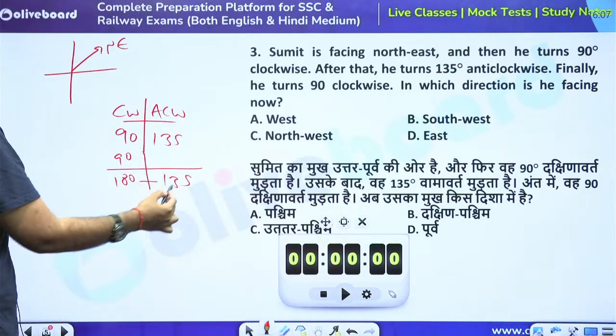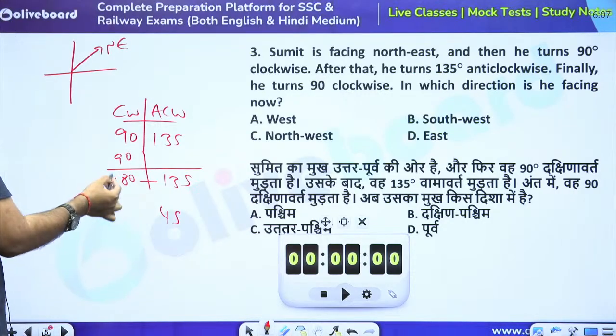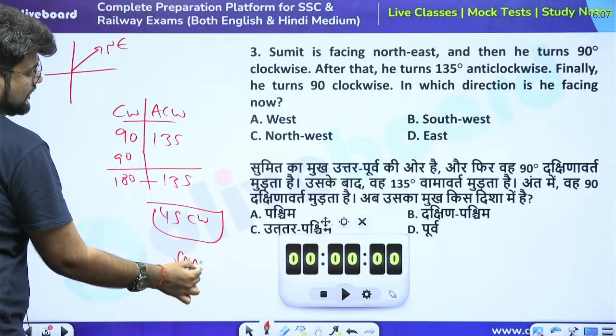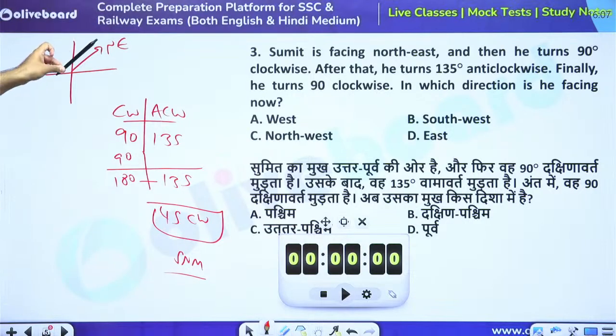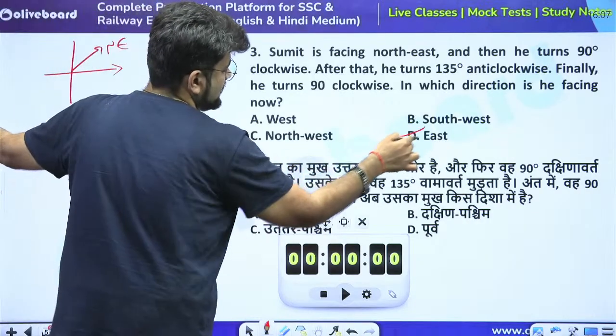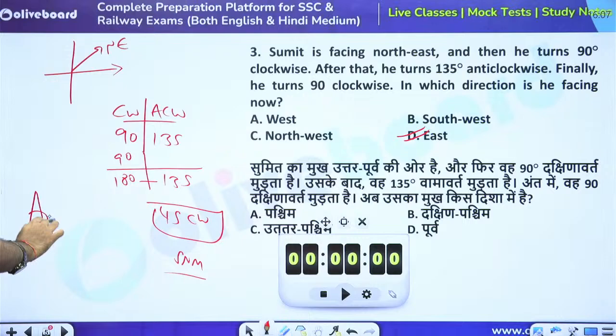So larger minus smaller, we'll get 45, and the direction of the larger, so 45 clockwise. This is your single net movement. So from here, Sumit is going 45 clockwise, that is in the east. Where is he facing now? He is facing the east. So option D is the correct answer. Clear?